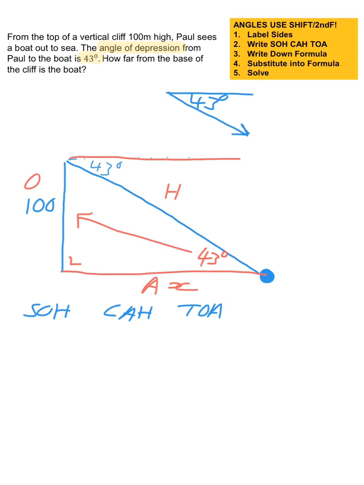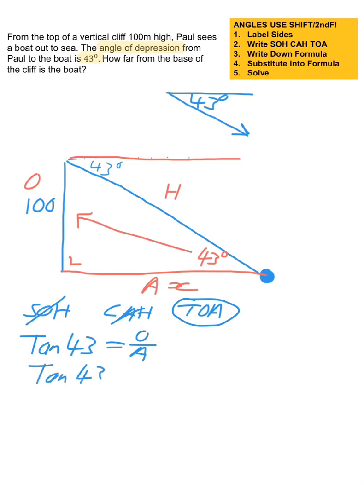So wherever there's an H, let's put a line through it. So we're going to be using TOA, which is tan. So tan of my angle, 43 degrees, is equal to my opposite over adjacent. So tan 43 is equal to 100 over x.